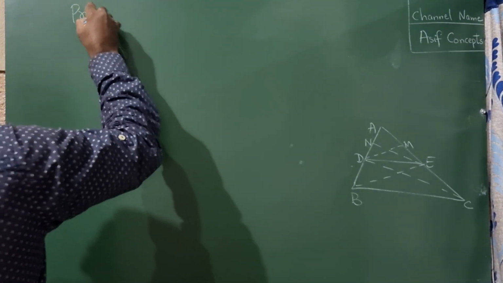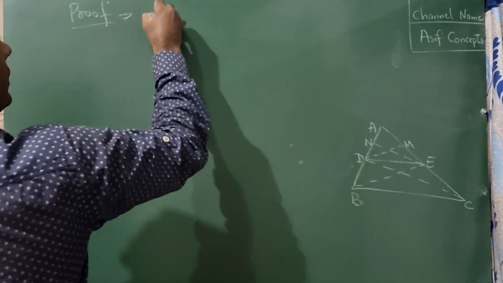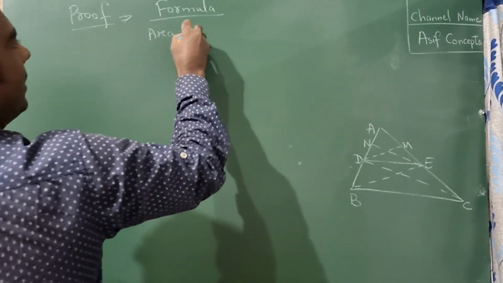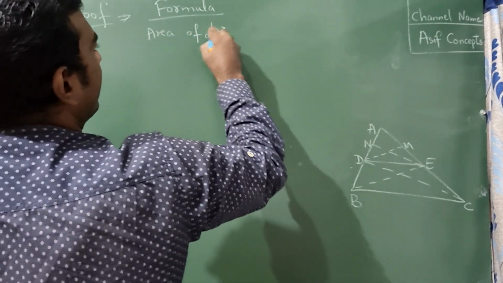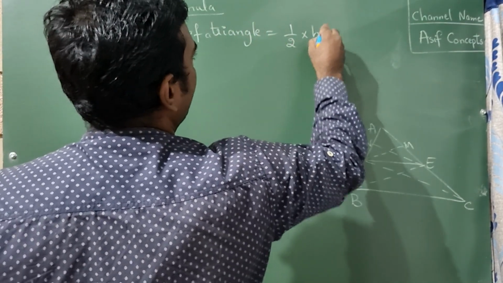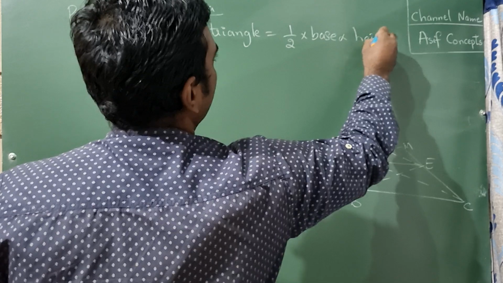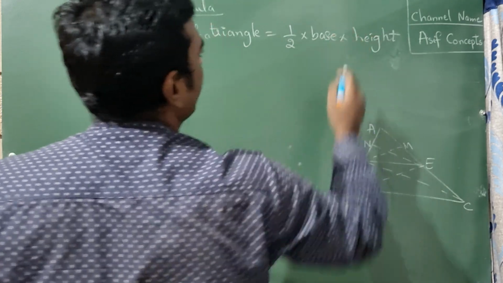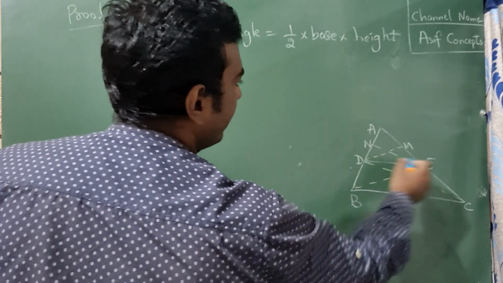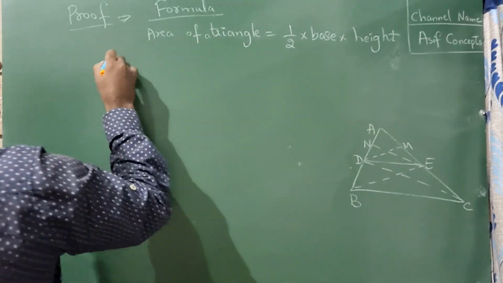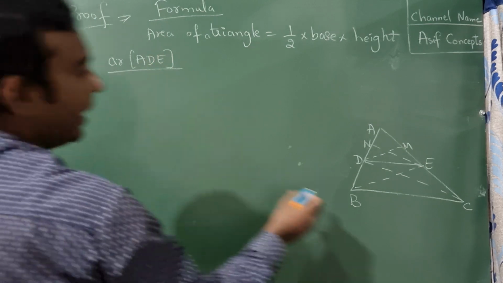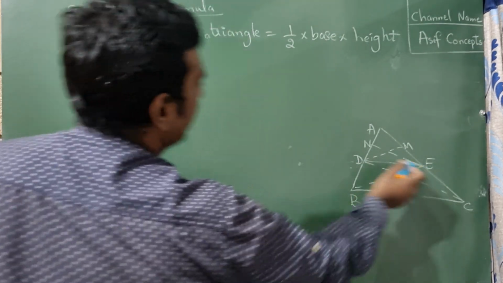Now proof. So there is a formula: area of a triangle is half into base into height. This is the formula for the area of a triangle. Now I am going to consider first ADE. So area of triangle ADE and BDE, you can see here.